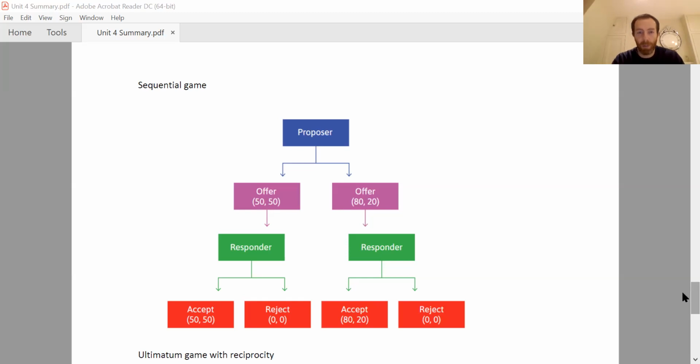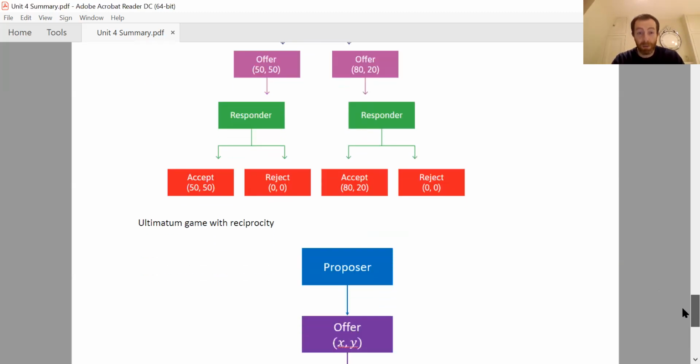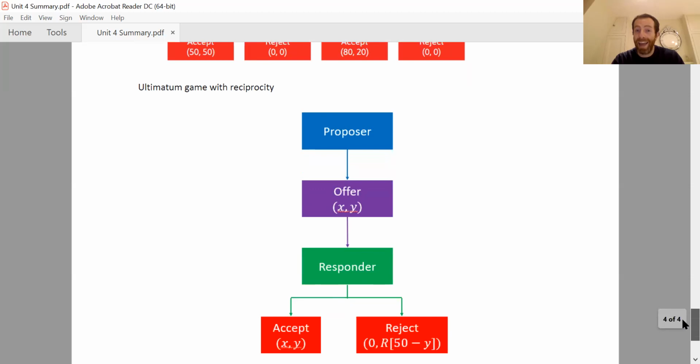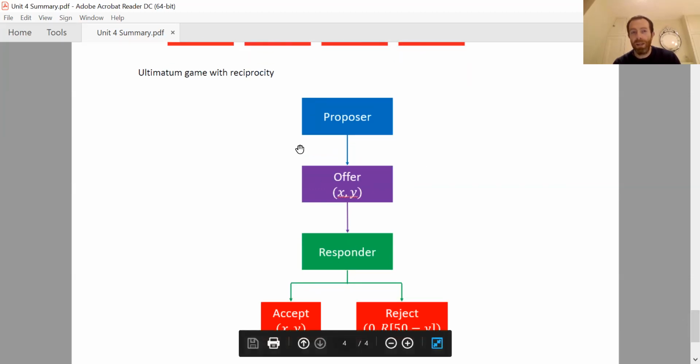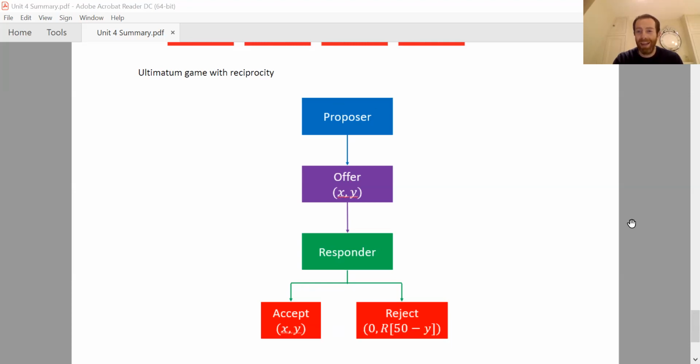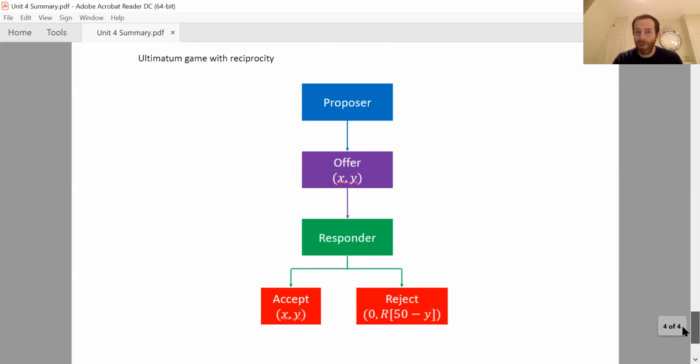And so the final thing I want to talk about is this same sort of game, except where now there is an element of reciprocity. We can see that because now, if the responder rejects, they don't get 0.